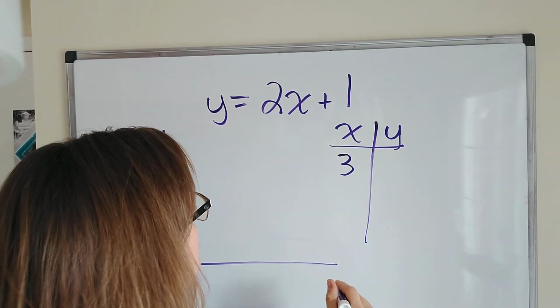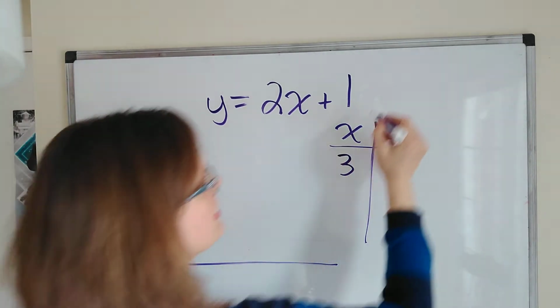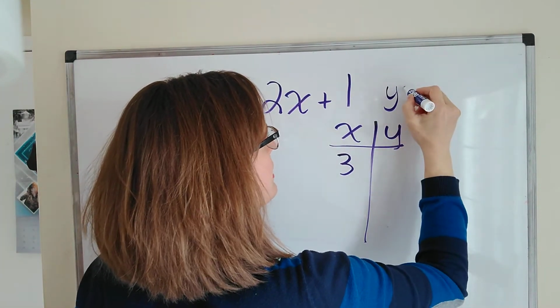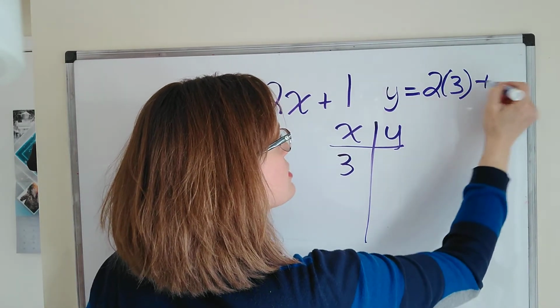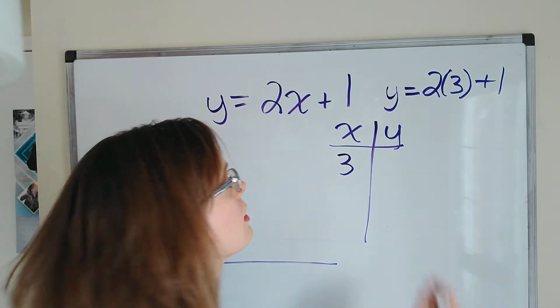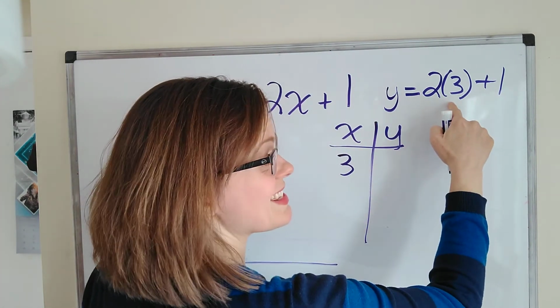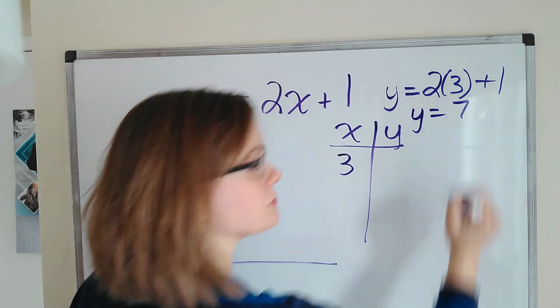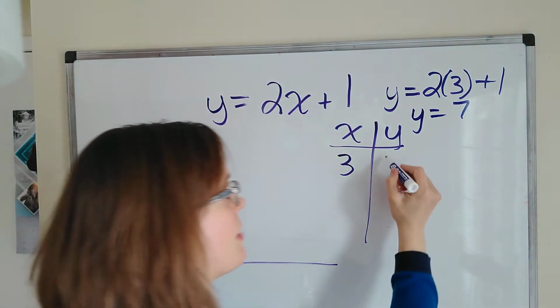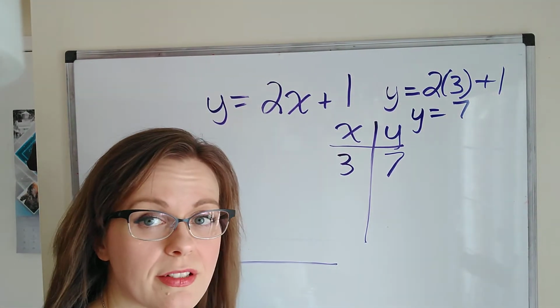So y is equal to 2 times 3 plus 1. 2 times 3 is 6, plus 1 is 7. So y is equal to 7. In my t-table, I just jot down 3 and 7.